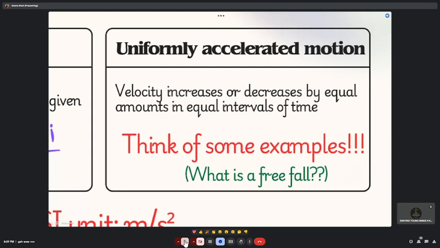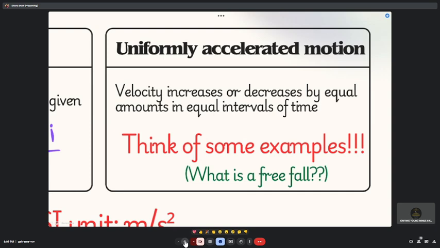Now I have given a simple hint here to understand this: the concept of free fall. What do you mean by a free fall and how it is called uniformly accelerated motion? Now, free fall means acceleration due to gravity, ma'am.